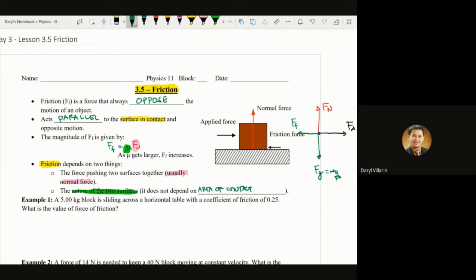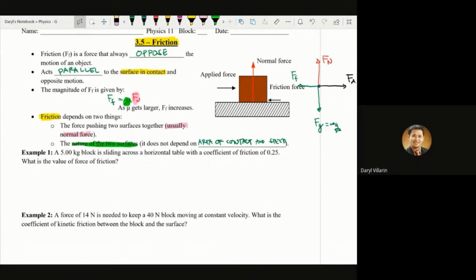So the area of contact does not affect friction. And speed: no matter how fast it's moving, friction will still be the same. Essentially, this is based on experiments.